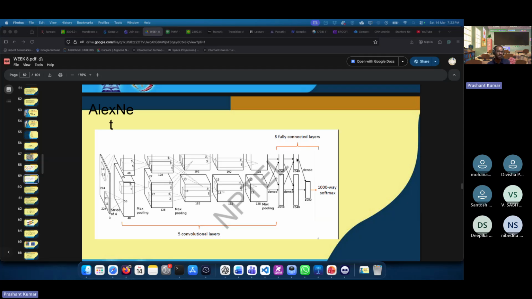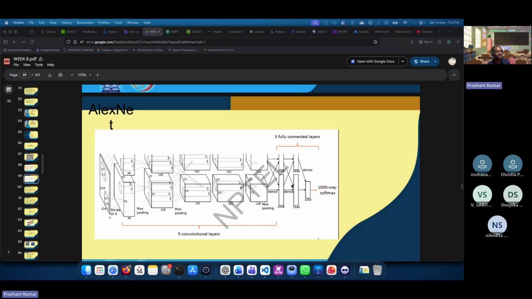Once I deactivate them, they will neither participate in creating the output nor in the back propagation. And then I will change the weights. In the next epoch, I will switch to another random 50%. And this dropout will help in generalizing my network.